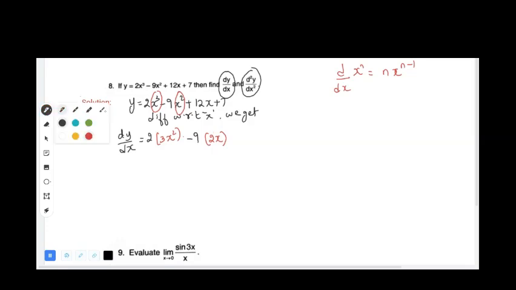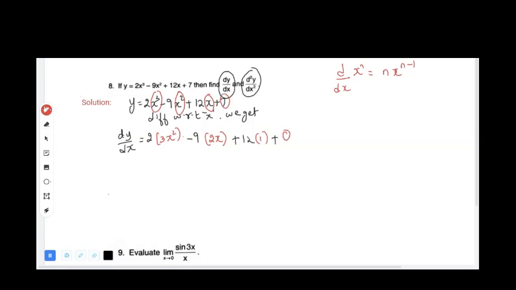Then plus 12, differentiation of x. Differentiation of x is 1. Then plus constant. The differentiation of a constant is 0.